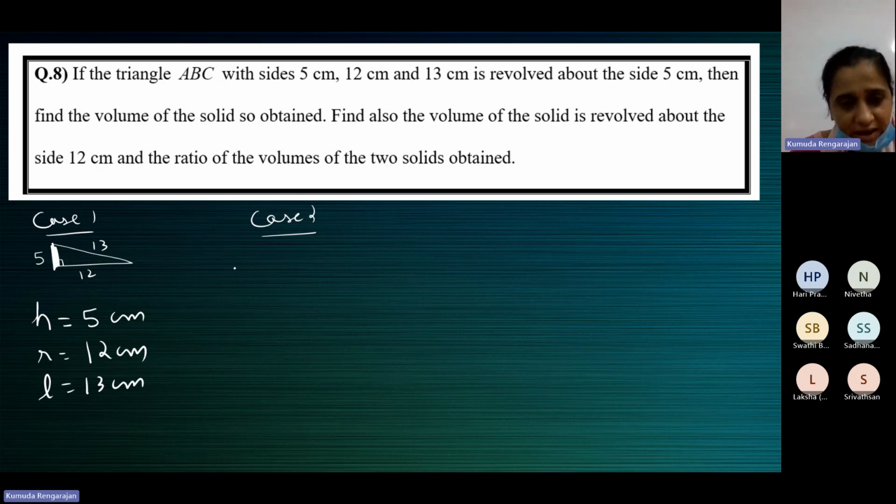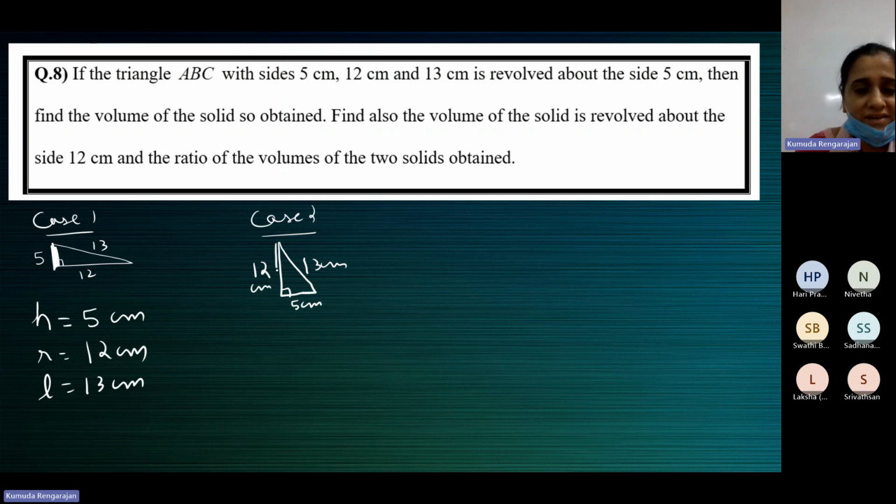In case 2, the same triangle, but you're making this 12 centimeters stand like this. It's the same triangle. You're making it stand with 12 centimeters upright. And so 5 centimeters is here and 13 centimeters is here.